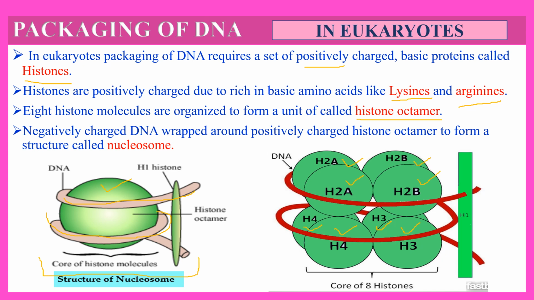The ends of DNA are tied with another histone called H1 histone. The same diagram is present in your NCERT book, and for your examination you have to refer to this diagram. I have put this diagram only to show the 8 different types of histones.